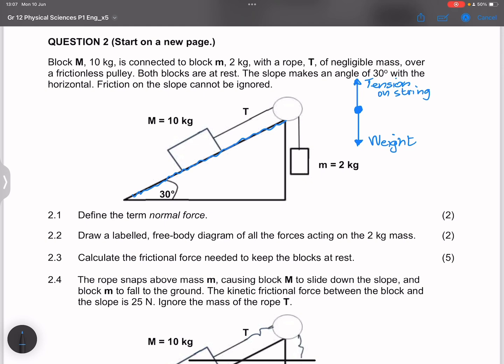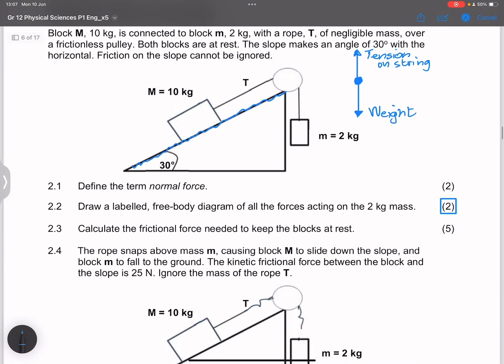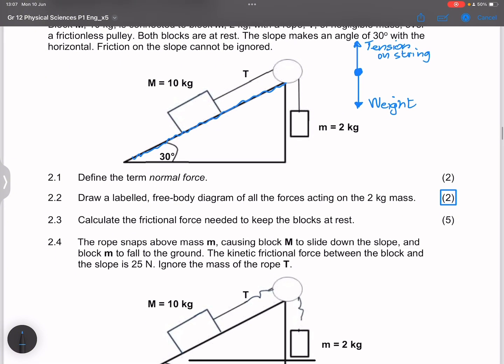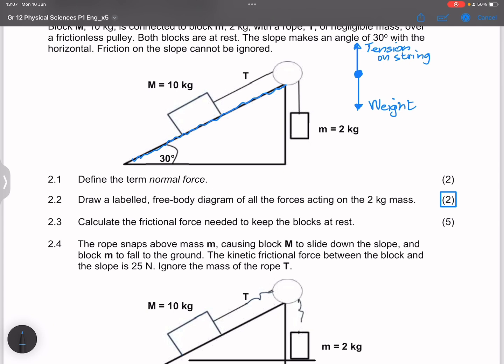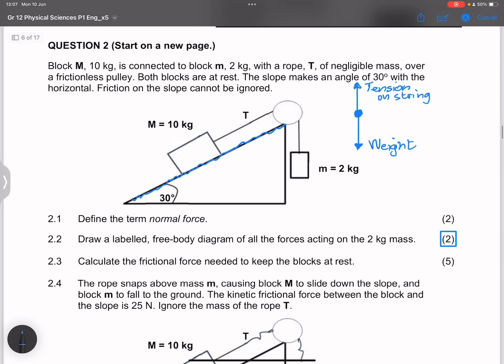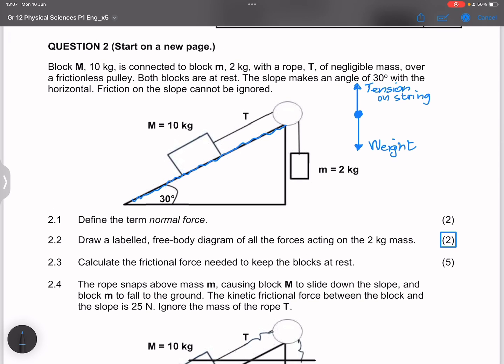And note, as I did say to you in previous times, that the amount of forces that you have will be indicated by the mark allocation. So that is how we're going to answer that question. They say calculate, in 2.3, the frictional force needed to keep the blocks at rest. Now we are looking at the 10 kilogram block.